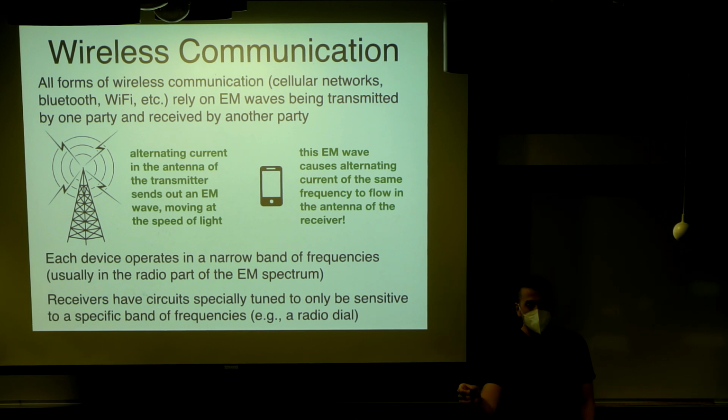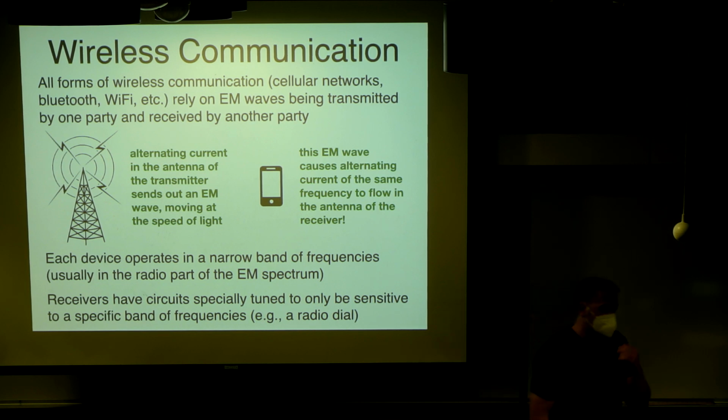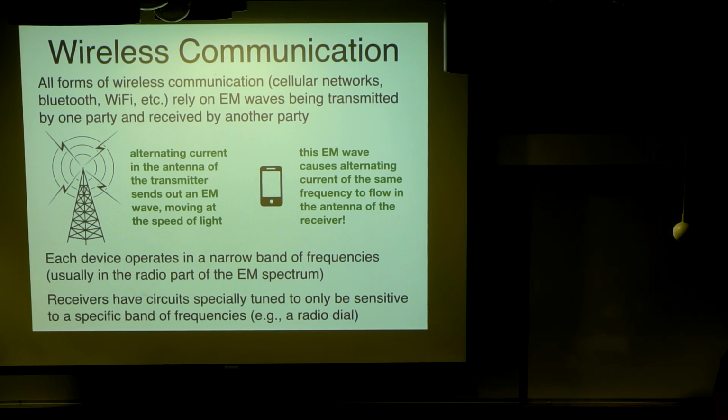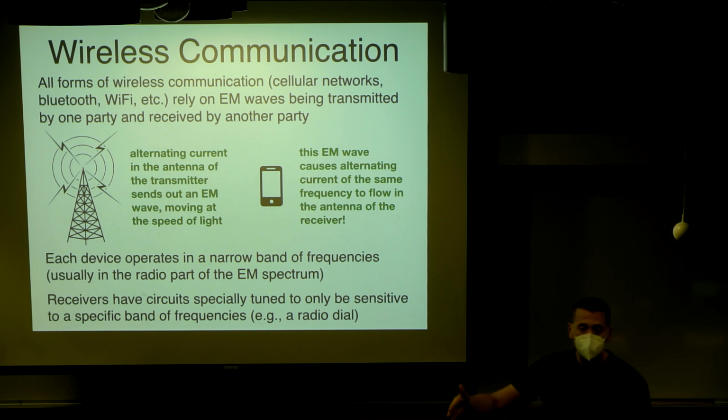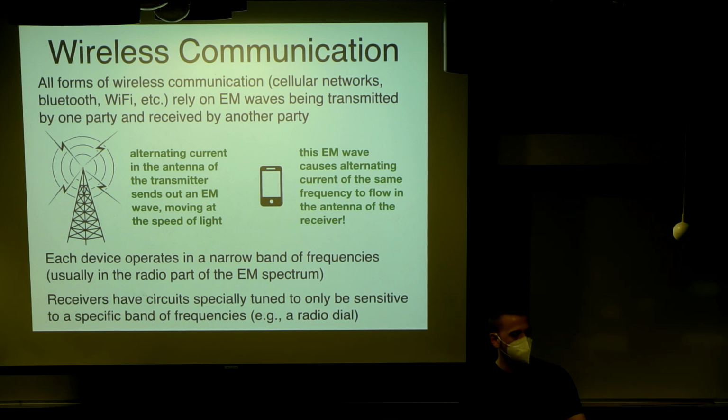All right, and if the alternating current is at 60 megahertz, then the electromagnetic wave that gets sent out, guess what, is also going to be at 60 megahertz. So basically, whatever the frequency of that alternating current you have, you'll get the same frequency for the electromagnetic wave that gets sent out. And if you give some complicated mix of frequencies, then you can store some kind of message or information within that signal, okay?